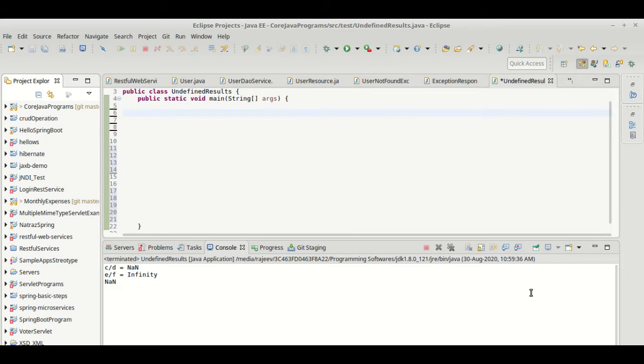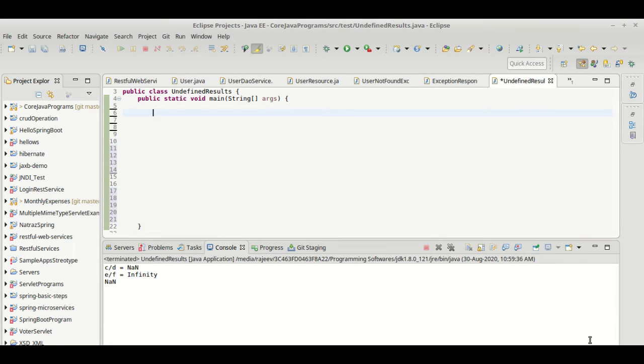So start writing the program now. We will declare int a and b, then declare float c, d, e and f.